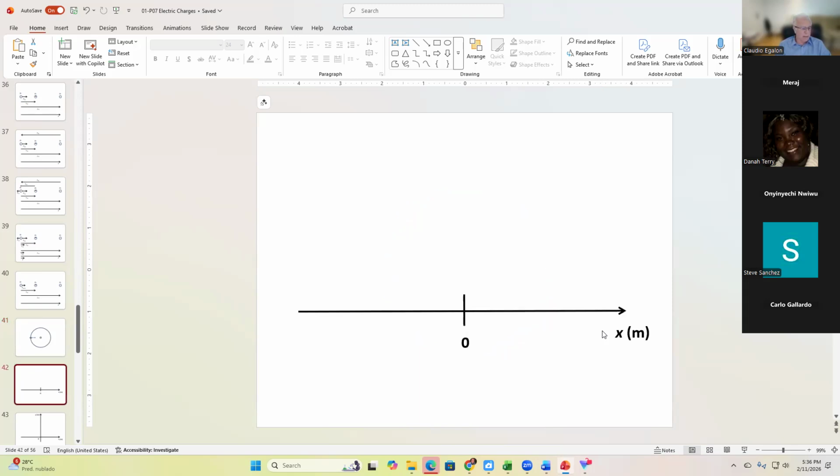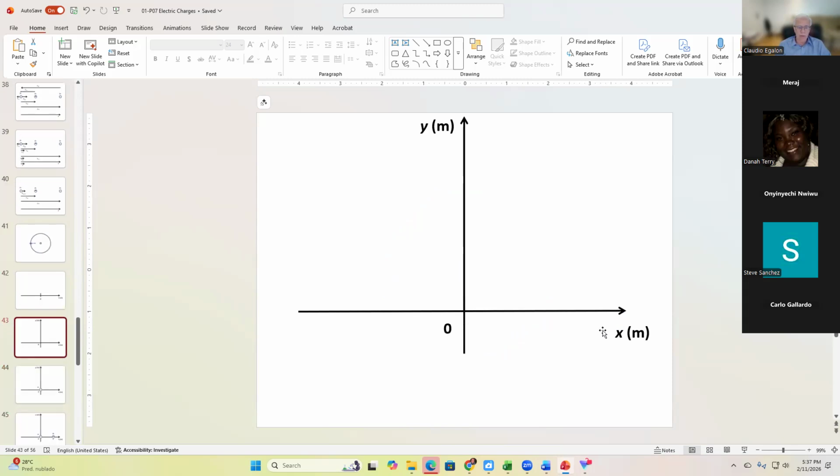Now let's take a look at other situations in which we have an electrostatic force, an electric force acting on a charge. Consider the X and Y axis, the two-dimensional axis. We have a charge that I place right in here at the origin of the axis.